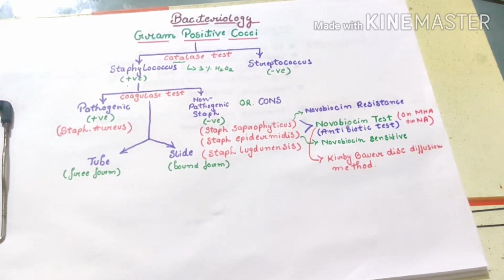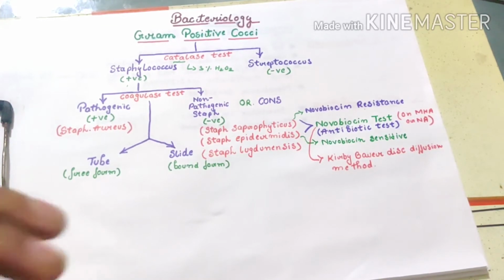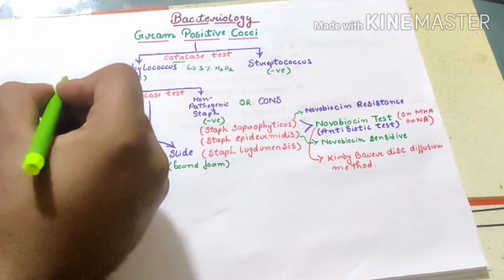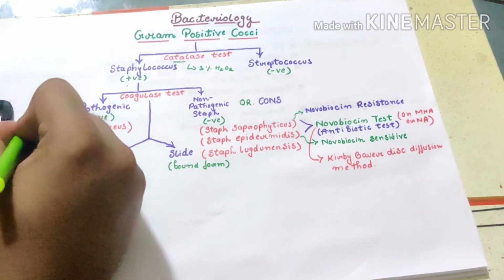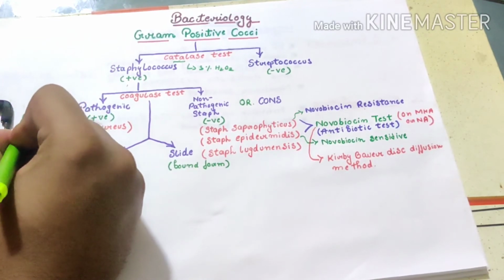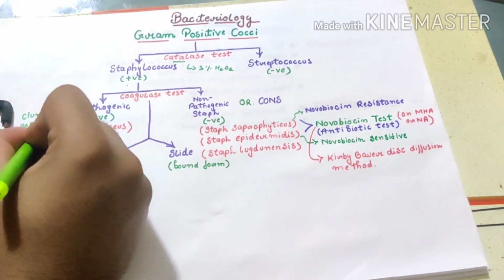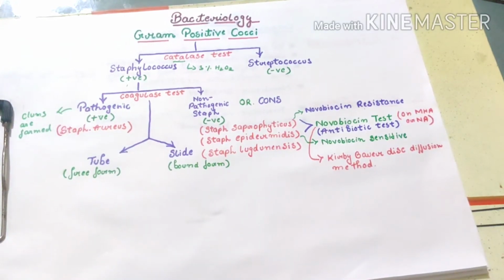After adding human plasma, clumps are formed immediately. If clumps are formed, then it is pathogenic staph. If clumps are not formed, then it is non-pathogenic staph. So in this way we perform this test.